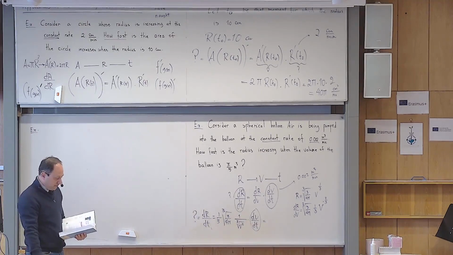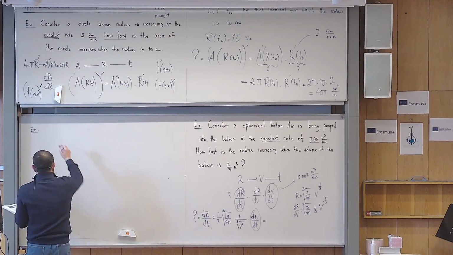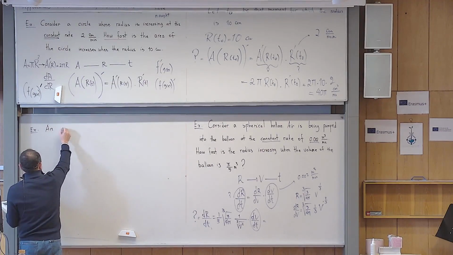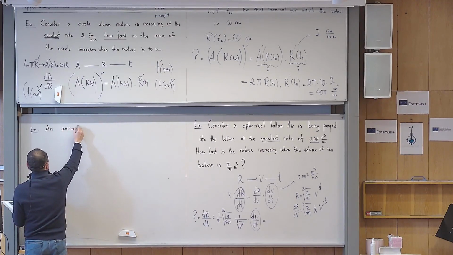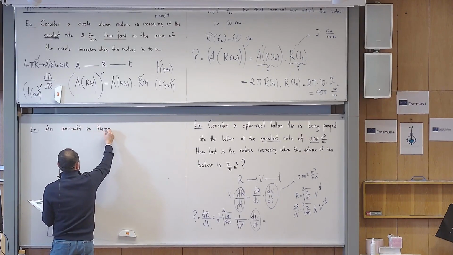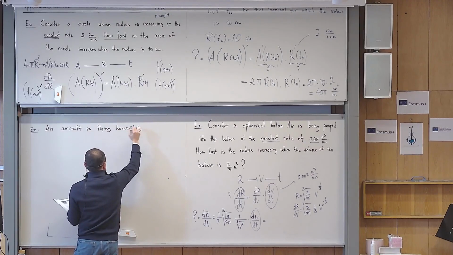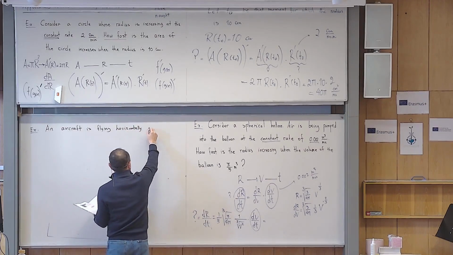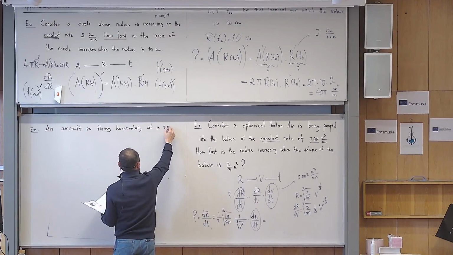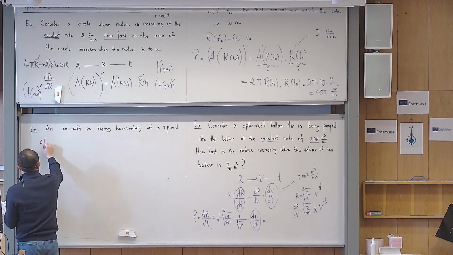An aircraft is flying horizontally at a speed of 600 kilometers per hour.